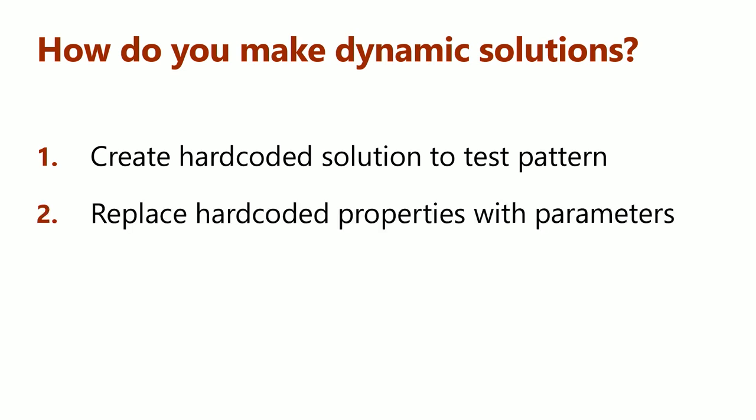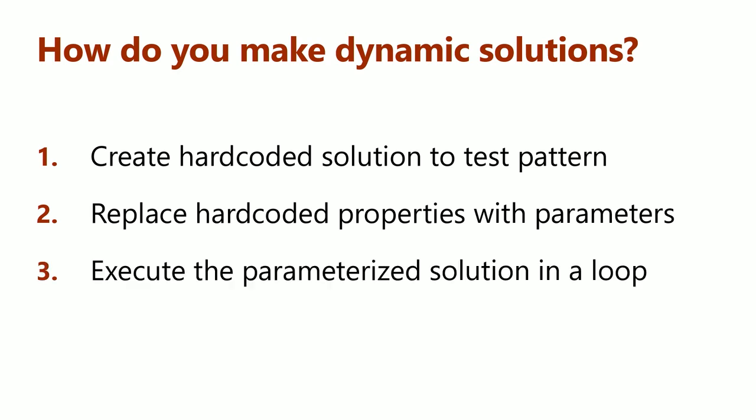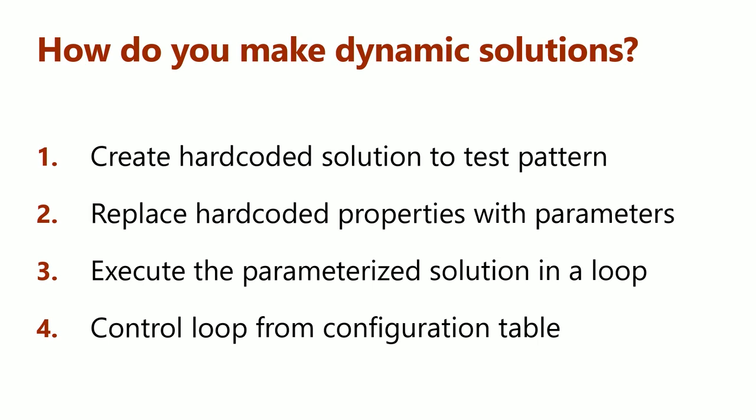And then you go ahead and you replace those hard-coded properties with parameters. It's just easier to make sure that your solution works up front than having demo failures when you're showing off to someone else. And then you want to probably execute that solution in some kind of loop, and that loop can be controlled from a configuration table, getting those values in there.